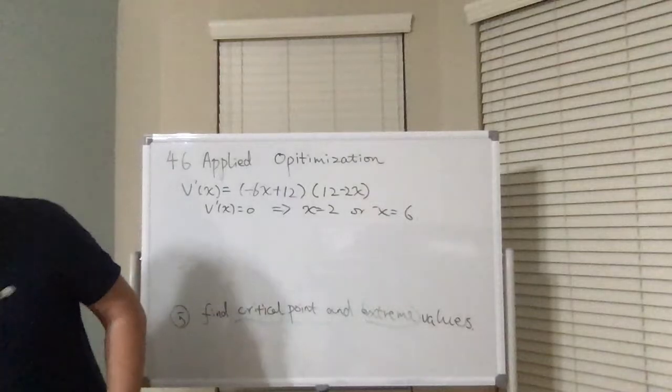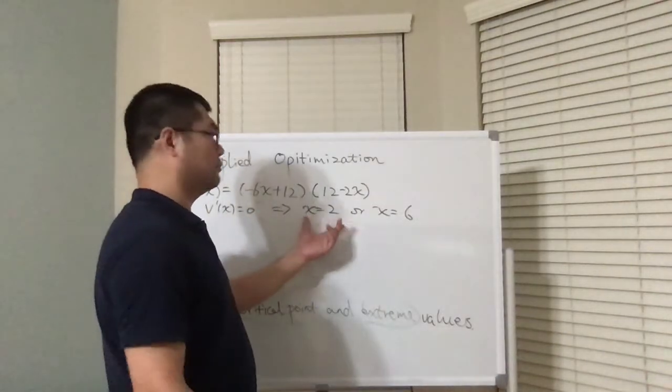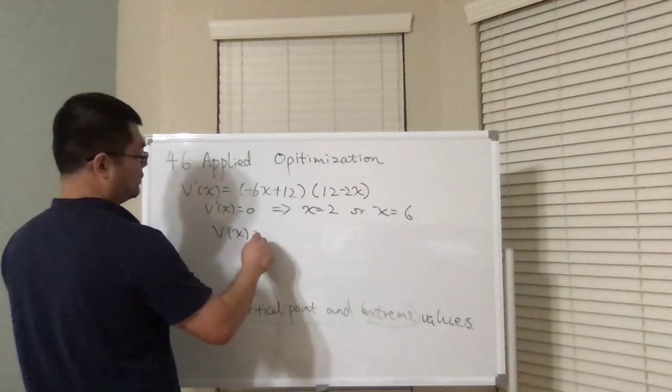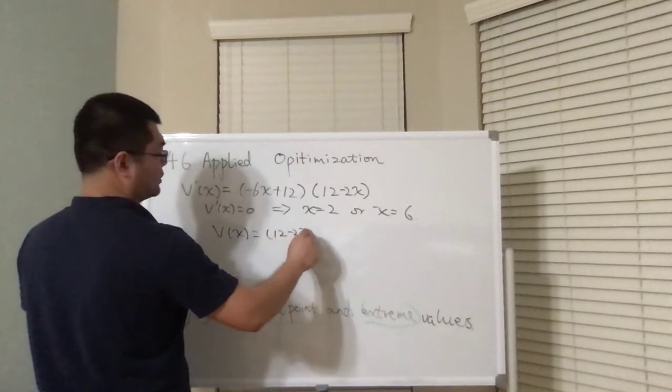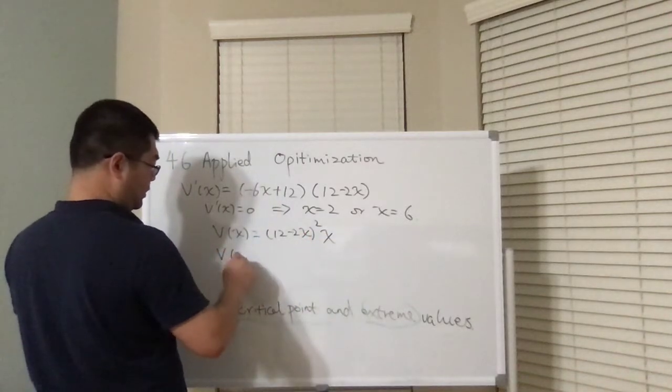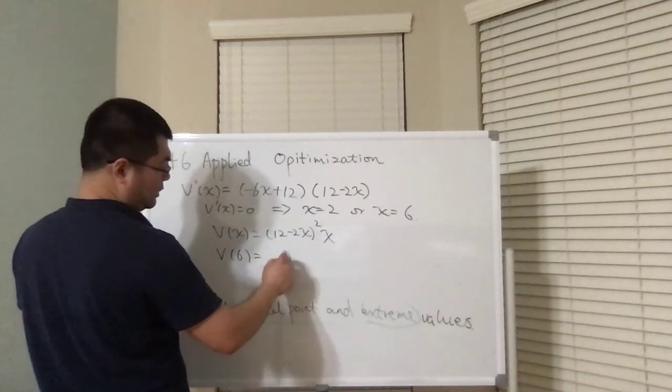We can always verify: the volume V of x is (12 minus 2x) squared times x, and if you plug in 6, it's 0.